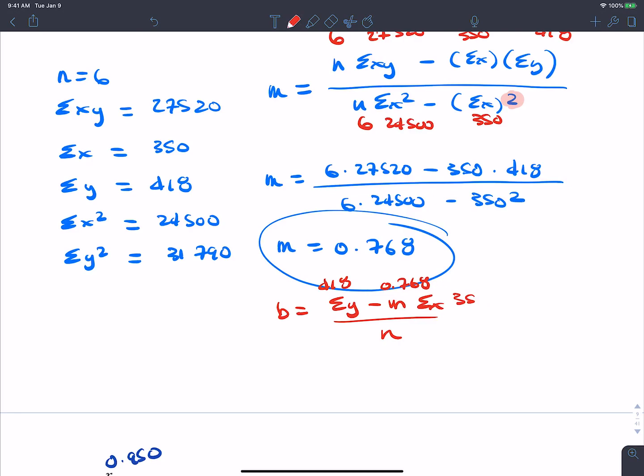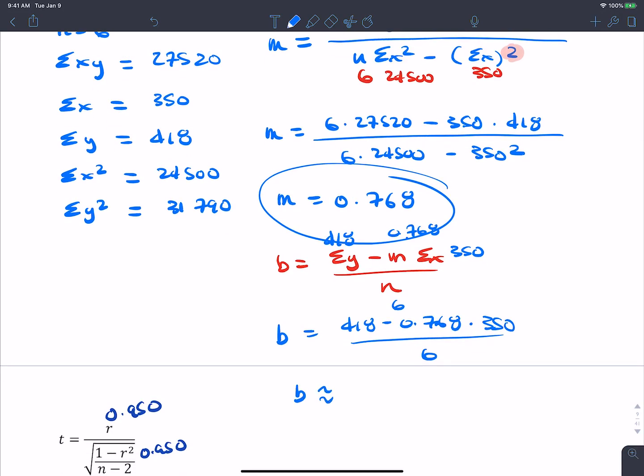And our sample size is 6. So here's my b: 418 minus 0.768 times 350, over 6.